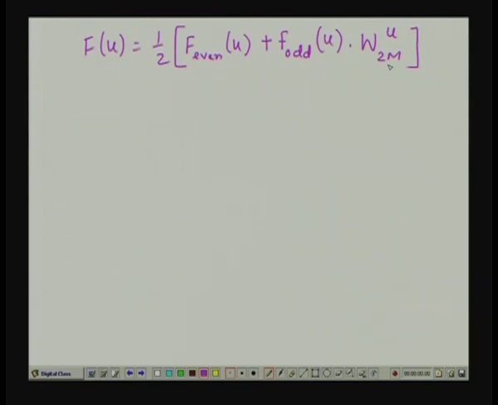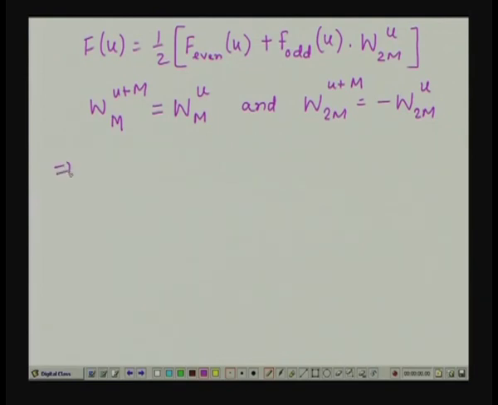Now, we can also show that W_M to the power (u plus M) is the same as W_M to the power u. This can be derived from the definition of W_M. And also we can find out that W_2M to the power (u plus M) is the same as minus W_2M to the power u.